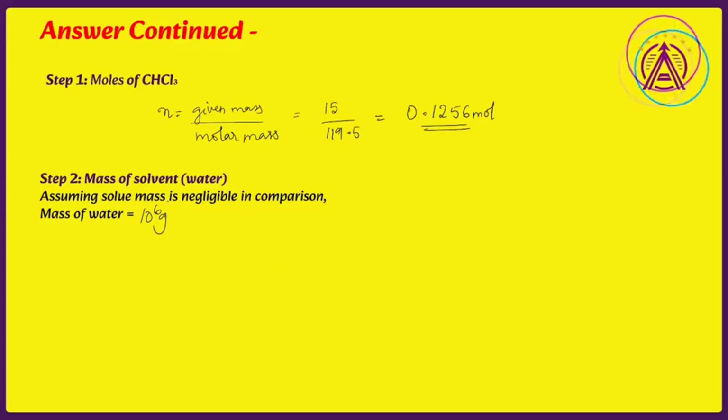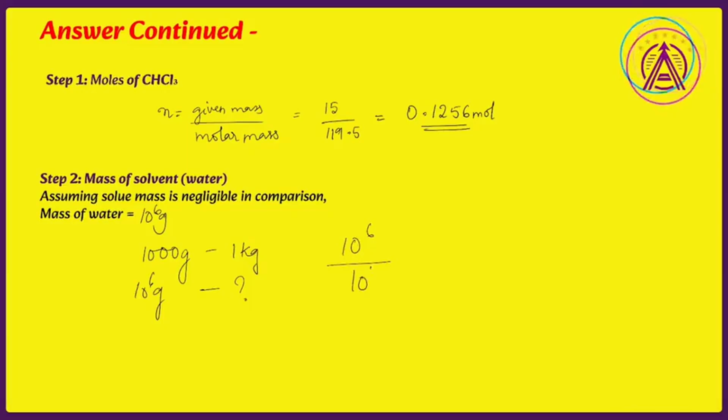Now, 10 power 6 gram, if I have to convert it in kg, what do I get? I know 1000 grams is 1 kg, correct? So 10 power 6 grams is how many kg? I just do the unitary method, I get 10 power 6 divided by 10 power 3, which is 1000. We get 10 power 3 kg.